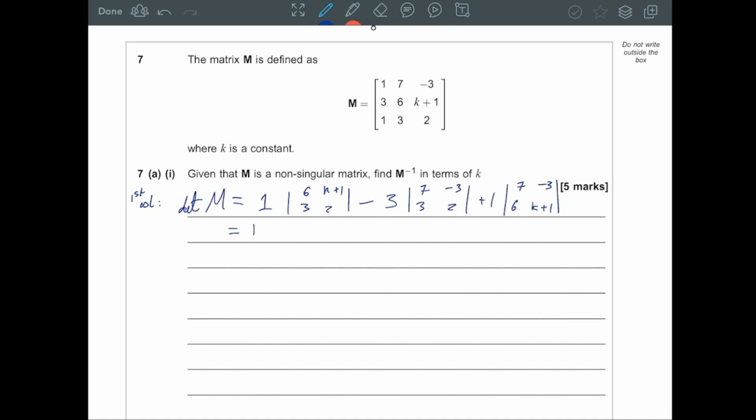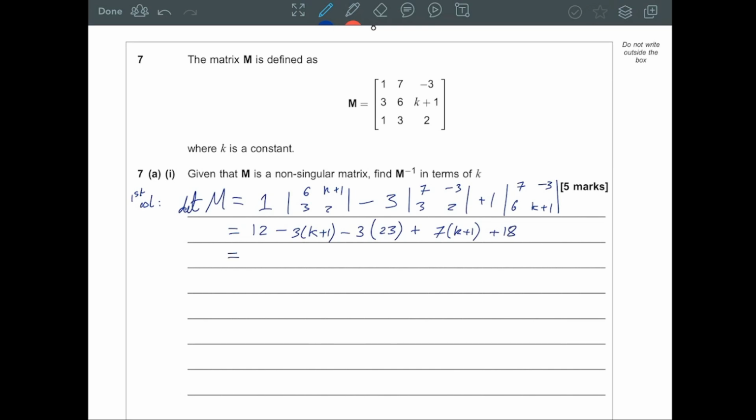So we get 12 minus 3 lots of, and this is really careful algebra, all you need here, minus 3 lots of 14 minus 9, it's 23, plus 7 lots of k plus 1 minus negative 18, so plus 18.